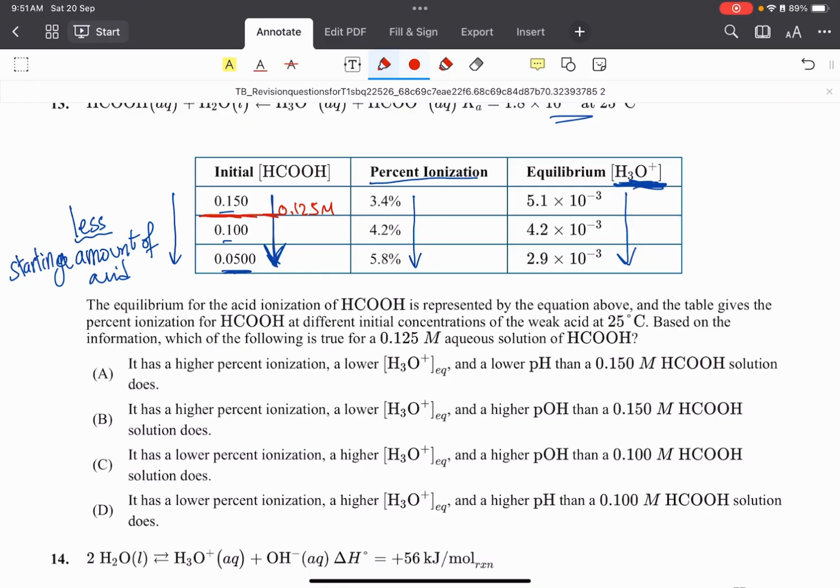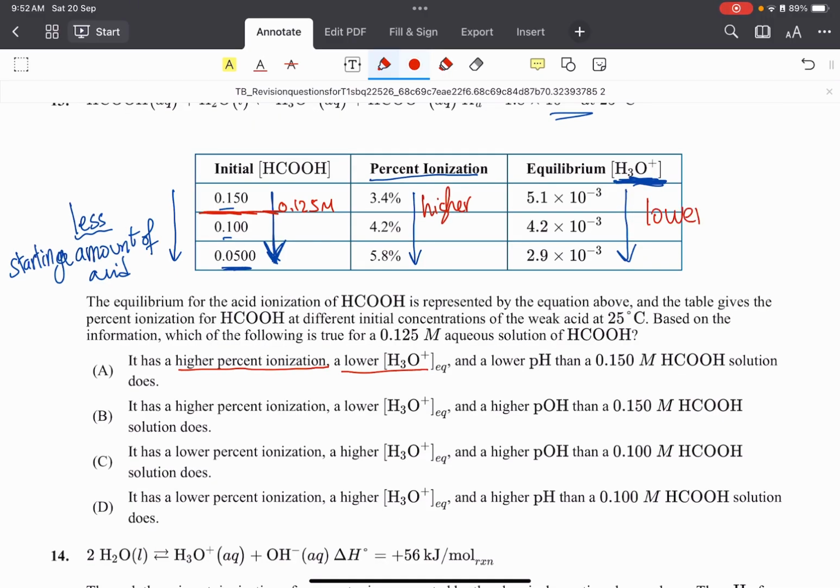Okay, it has a higher percent ionization, and a lower pH... so let me put this: higher percent ionization, lower H3O+.